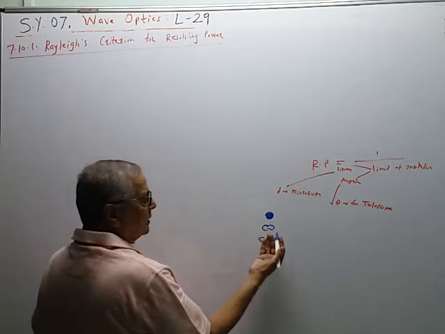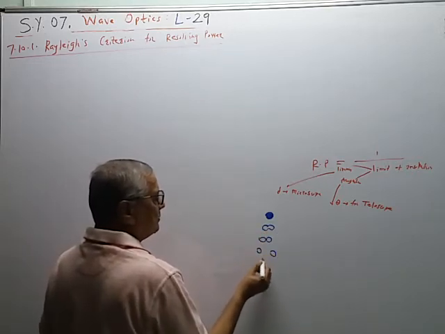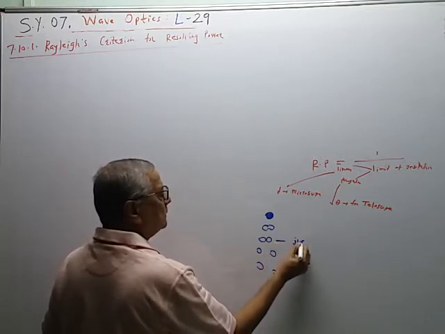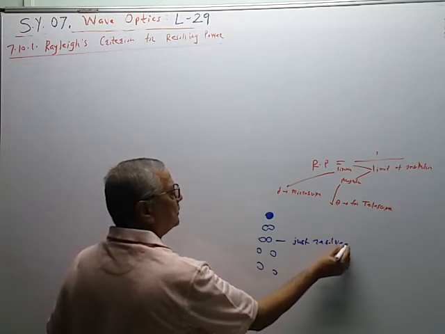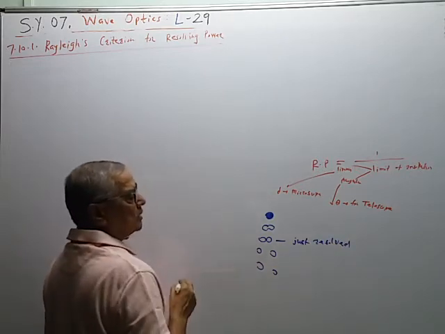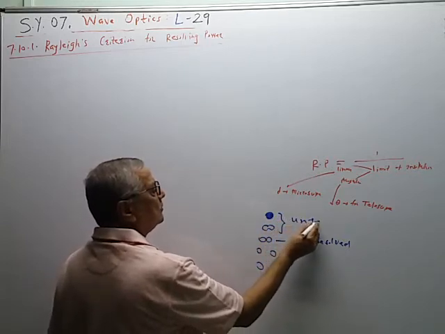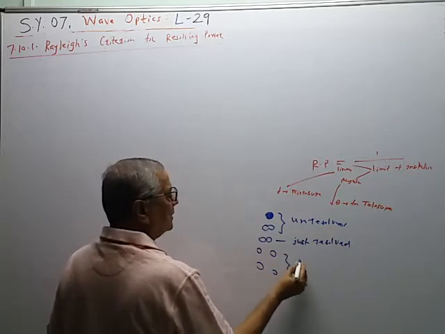And again, if the car approaches to a very close distance, then the two lamps are seen separately. In this case they are not resolved, unresolved. And in this case, they are well resolved.